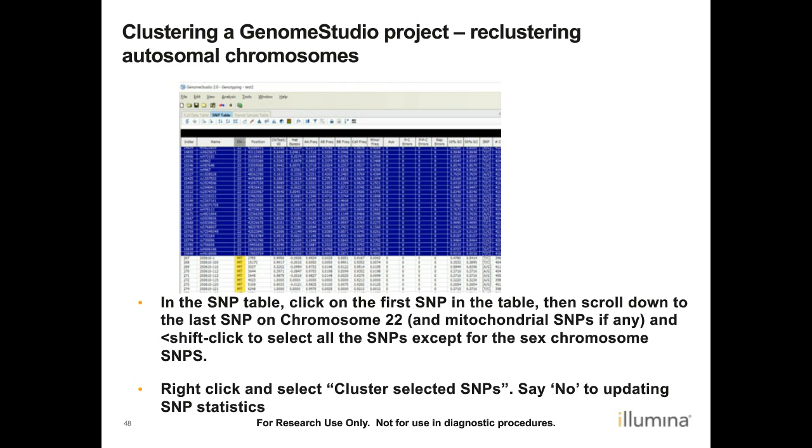So what we're doing here is clustering the autosomal SNPs. From chromosome 1 to chromosome 22, they've all been selected. We right-click and say Cluster Selected SNPs so that all the chromosomal SNPs between 1 and 22 are clustered. Answer no to updating the SNP statistics for the same reason, because we don't need to update the SNP statistics until after we've done all the clustering that we're going to do.